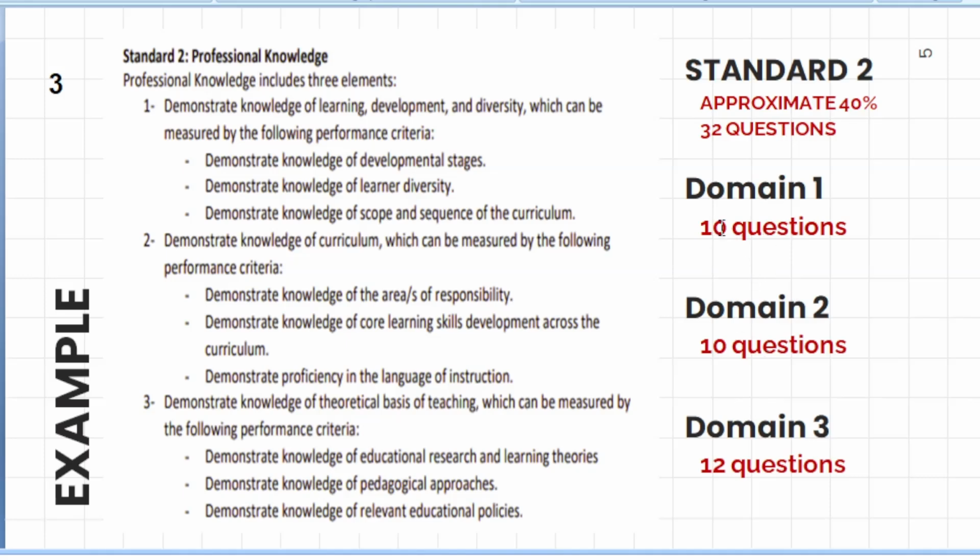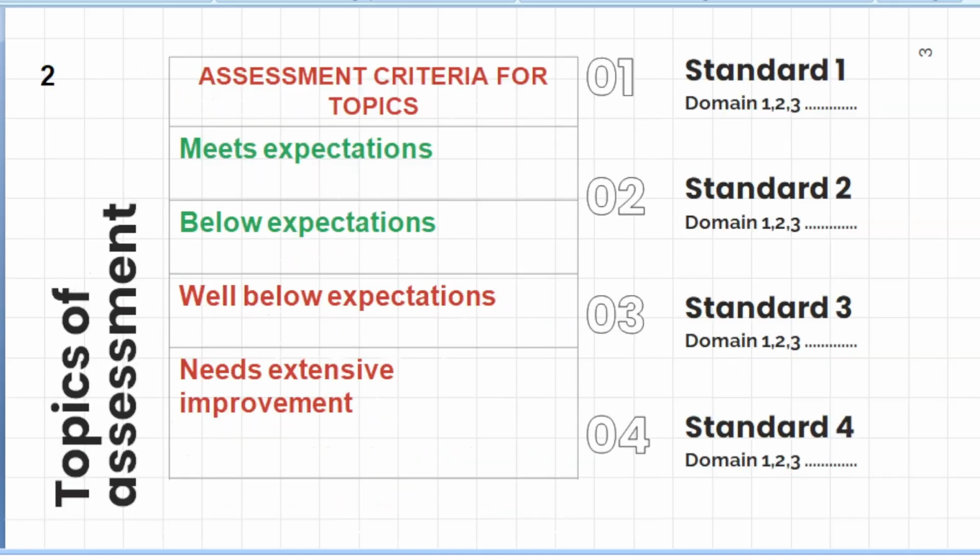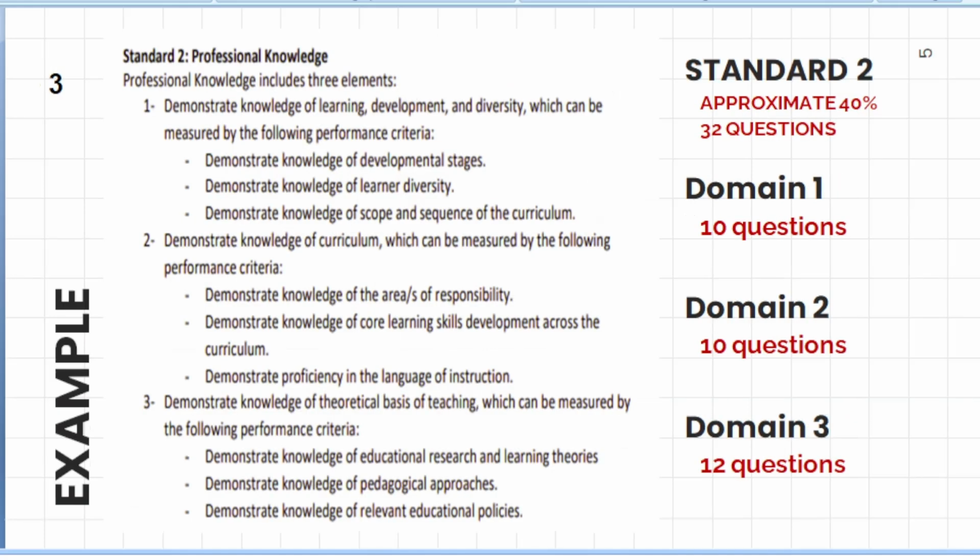Now each of your domains will be assessed based on these criteria, right? So you have to be very careful when you are answering these questions. Make sure that you are achieving the desired score on each topic, on each standard, as well. This is the second point.